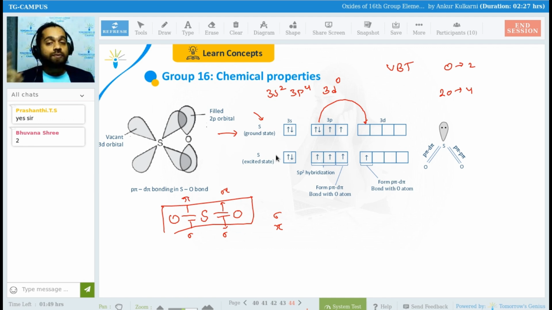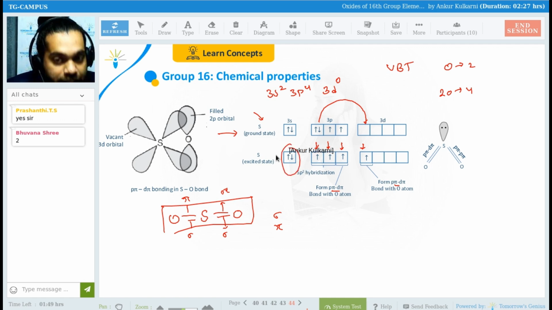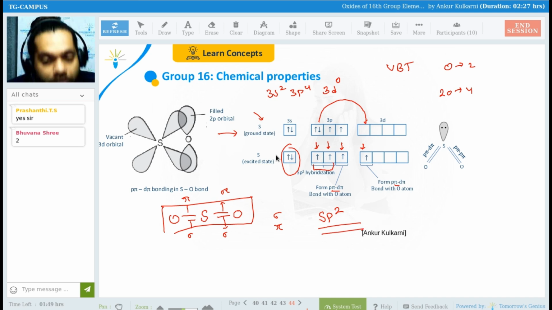The 2 electrons which enter in this, we call sigma. The other 2 electrons, we call pi. That's why it is written p pi d pi. And we only consider the sigma electron. So over here, we'll only consider this S and this 2p. That's why for the VBT also we call it sp2 hybridization.